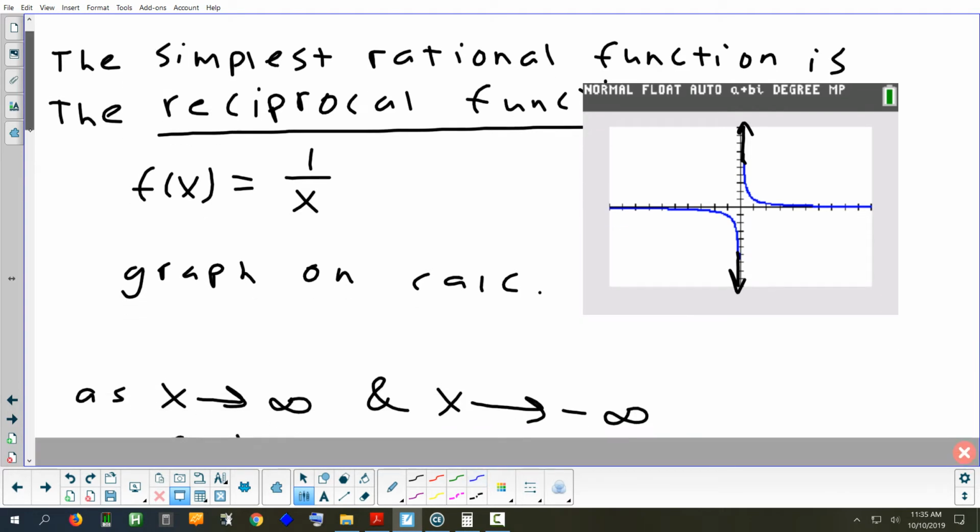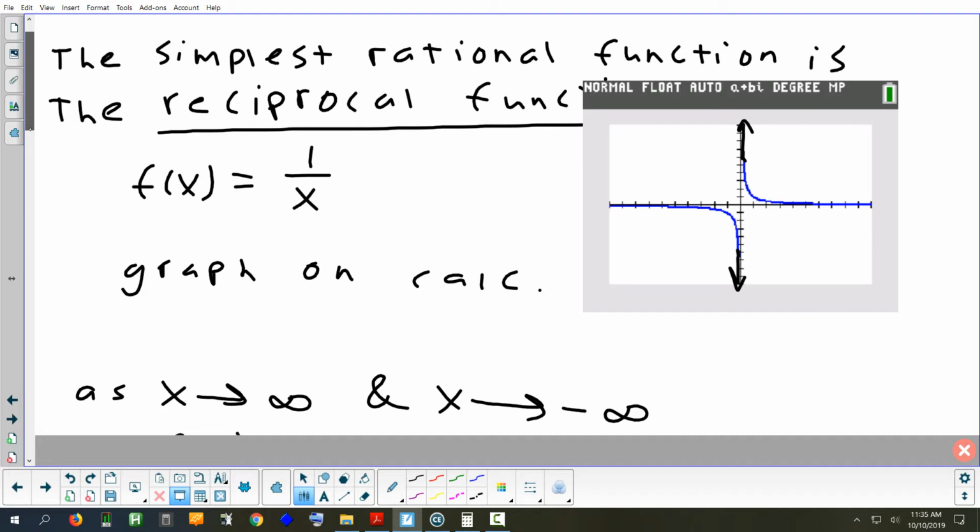So, as x heads farther and farther to the right, or farther and farther to the left, what's happening to my y value? It's getting closer to 0 on both the left and the right. On the right, it's coming down towards 0. On the left, it's coming up towards 0.